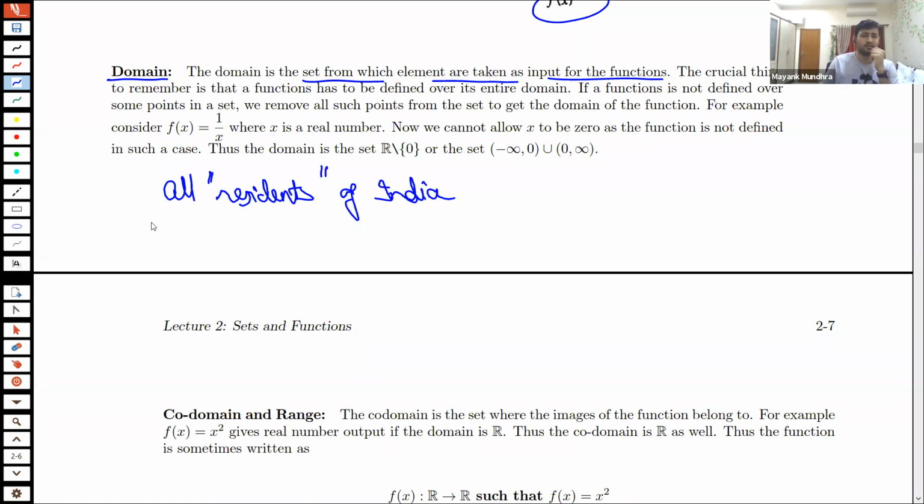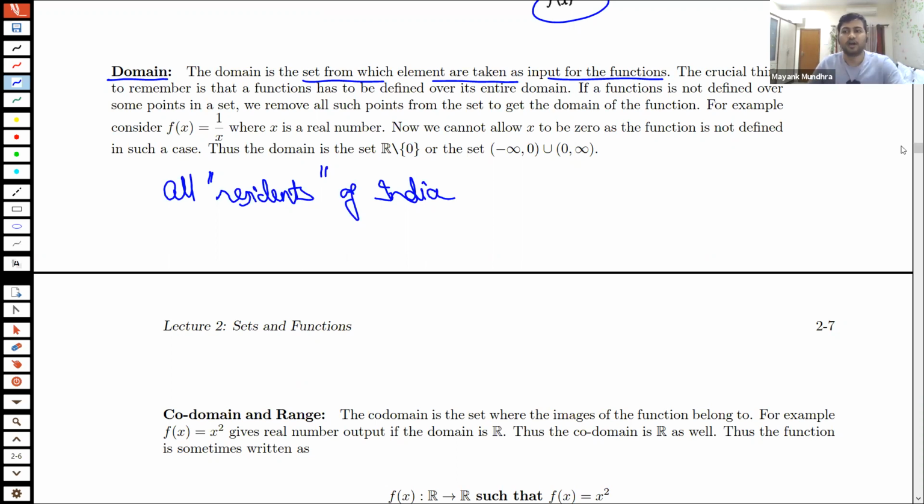Like if a person from Nepal is working in India, they can get Aadhaar cards. Okay, they need Aadhaar cards because everything is now linked to Aadhaar cards. If you want a mobile phone, you need to have an Aadhaar card. So if they want to live in India, they need an Aadhaar card. So all residents of India, they get Aadhaar cards. So the set of all residents of India becomes the domain for a function.